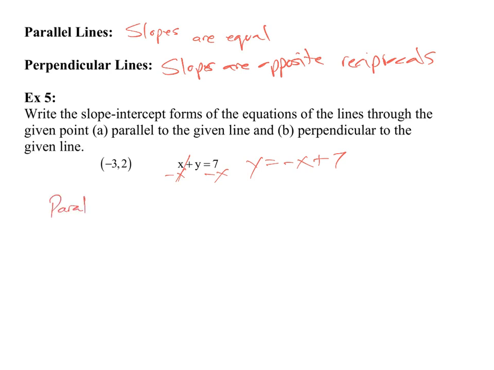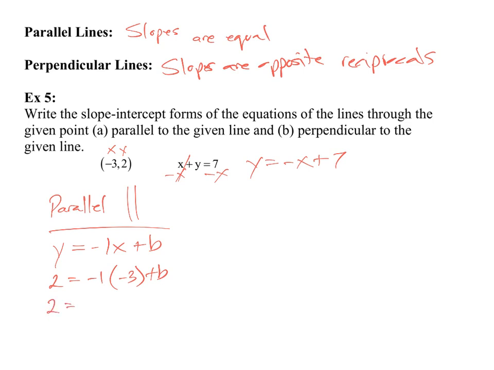All right, so for part A, working with the parallel case, 2 vertical lines, that's the parallel symbol. So y is equal to, well, what's my slope going to be if I want the lines to be parallel to each other? Well, the slopes have to be equal, so I'll use negative 1 as well. Still have to figure out what b is. How do you figure out b? Well, they gave you this point here. So we have x, y, plug those values in.